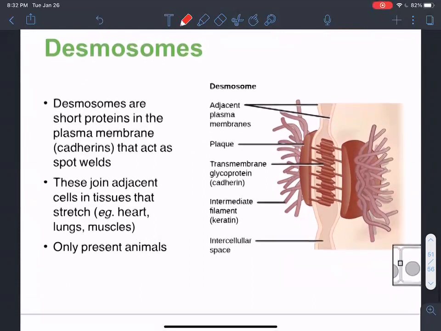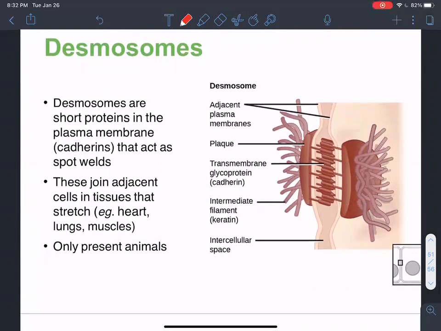Desmosomes are short proteins in the plasma membrane, we call them cadherins, that act as spot welding. These desmosomes kind of function like plasmodesmata, but they don't have a pass through.